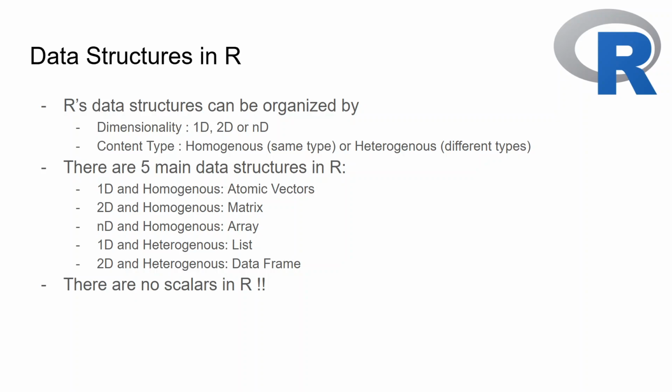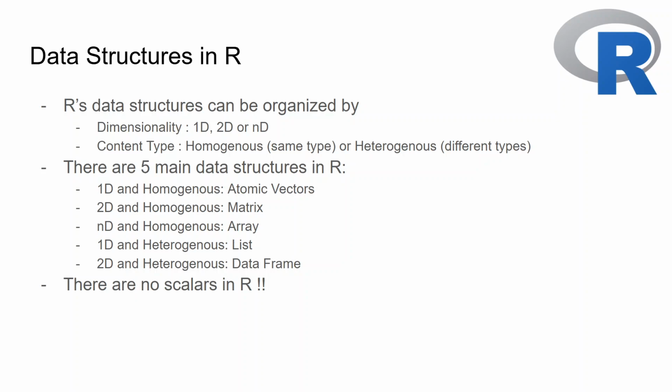Why would you want to store ND and heterogeneous? Anything with more dimensionality can be achieved by using nested lists or nested data frames and such. So we don't really need ND and heterogeneous.